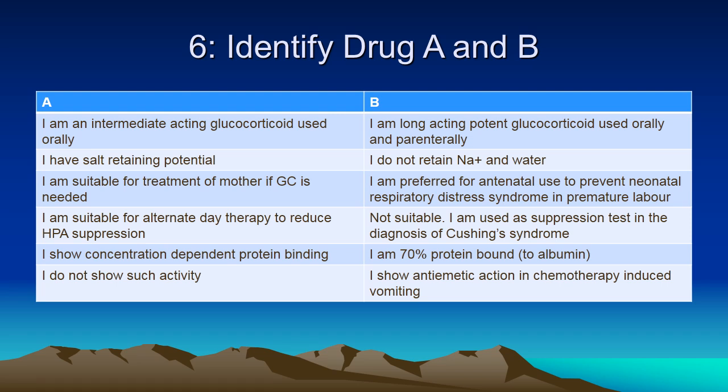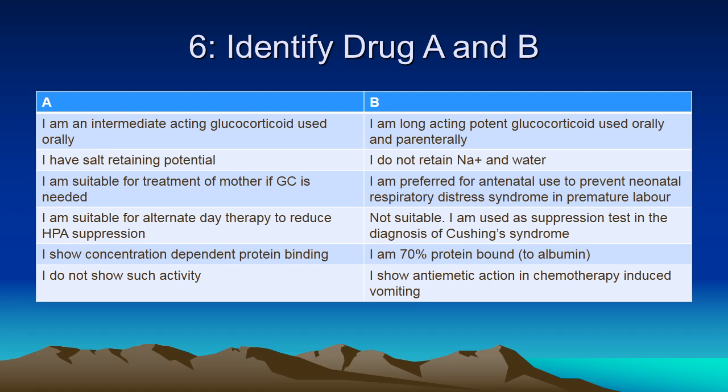For example, a pregnant mother may be suffering from collagen vascular disease or an arthritic disorder requiring glucocorticoid, then A is better than B. Whereas B is preferred for antenatal use to prevent neonatal respiratory distress syndrome if premature delivery is expected. So, A is suitable for alternate day therapy to reduce hypothalamo-pituitary axis suppression.